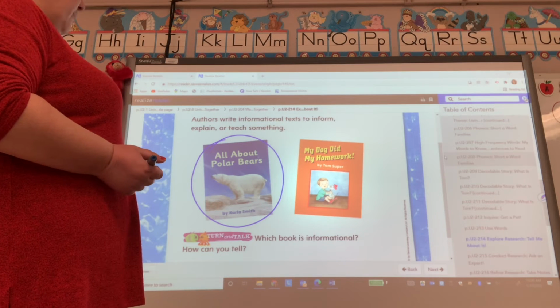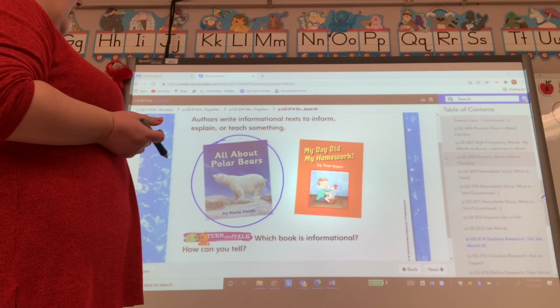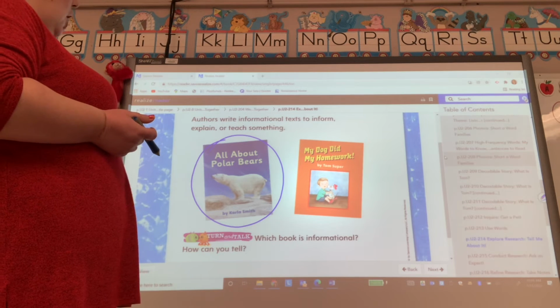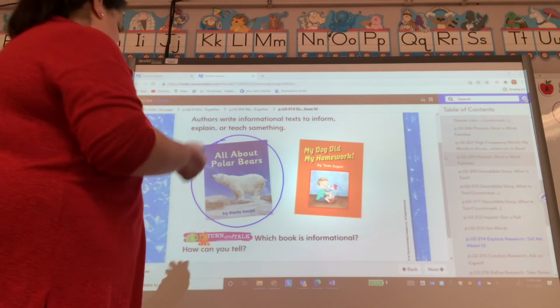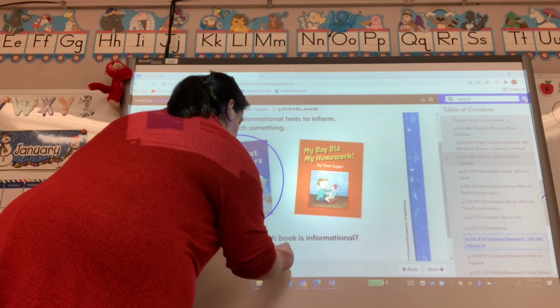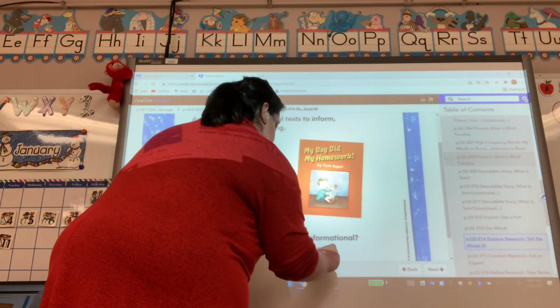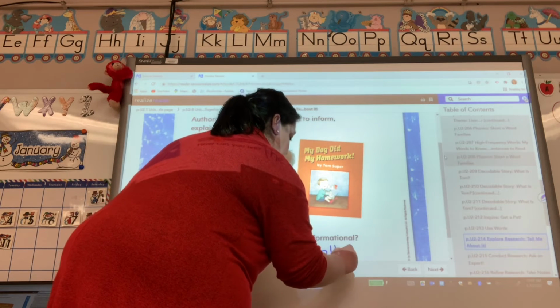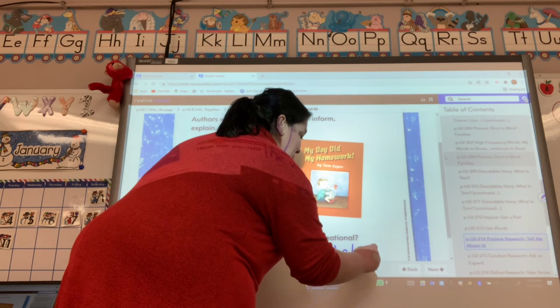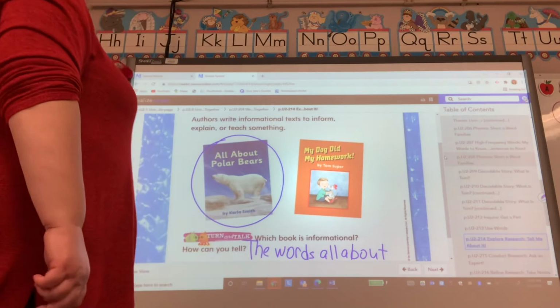So we circled the informational book, and how can we tell? Well, in class we said because the words all about are in the title. We can just say the words all about.